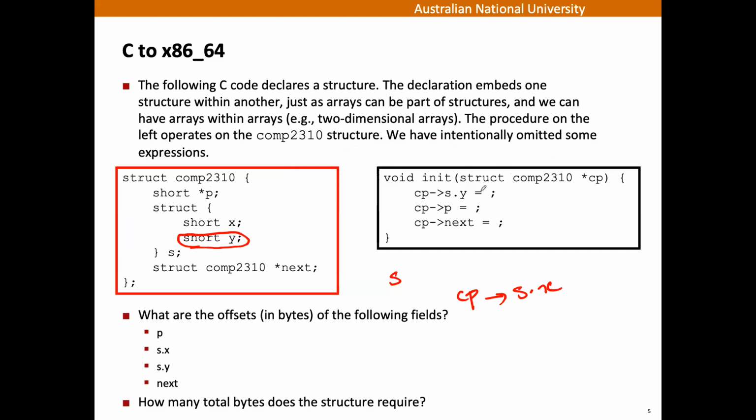So we can fill in our first statement. It's doing this assignment. So this here should be CP->s.x. So it's loading CP->s.x from memory into EAX and then storing EAX to 10 RDI. And at 10 RDI, we have the second short, Y.